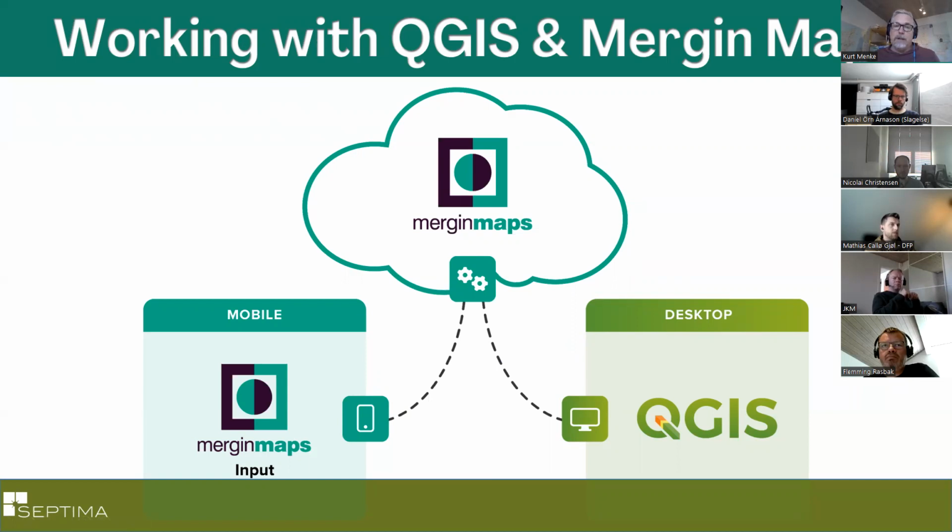That's also an option. And then you use the plugin to push that up to the Mergin Maps cloud. Then you can get on the input app on your mobile phone, pull that project down, start working with it. And at that point, you can just start synchronizing the data back and forth between mobile and desktop so that everything is current on both sides.